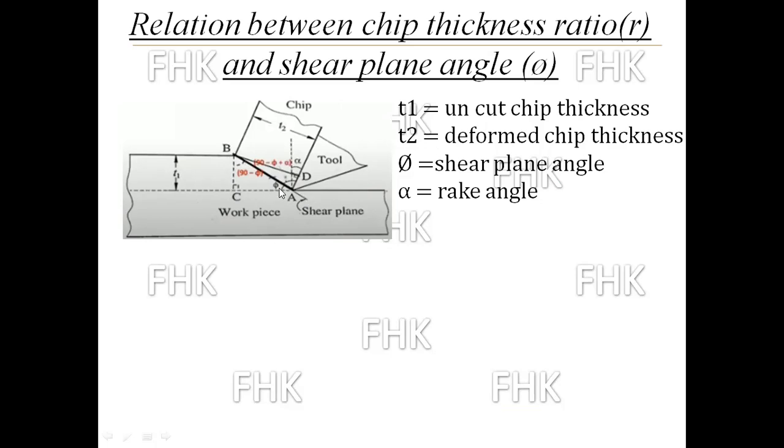In this triangle, the angle BAC is phi, which is the shear plane angle. This is a 90-degree angle, so this will become 90 minus phi.